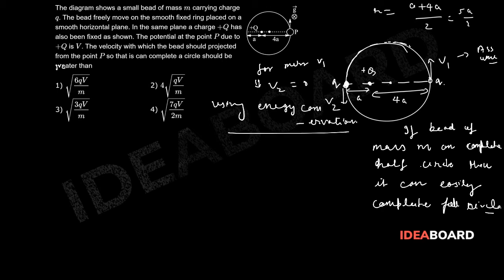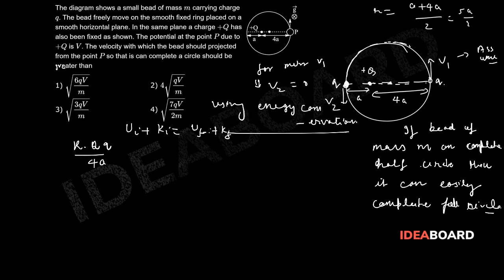So now if you use energy conservation, what is the electrostatic energy at this level? So electrostatic energy will be kq into q divided by 4a, initially. So basically what I am writing here: U initial plus K initial is equal to U final plus K final.